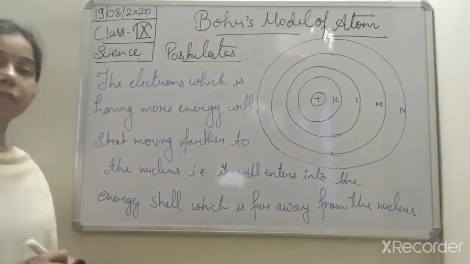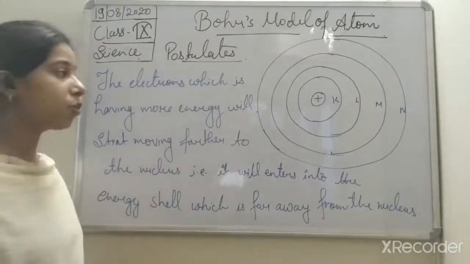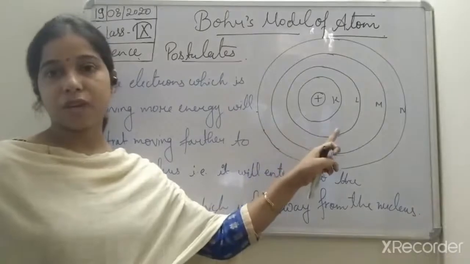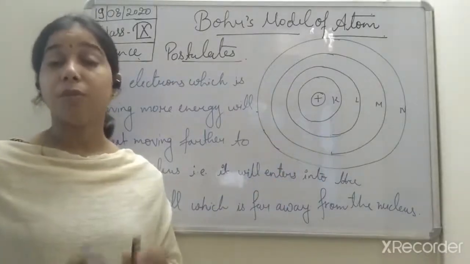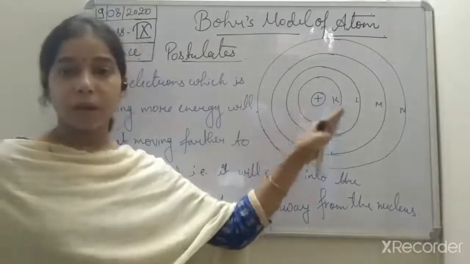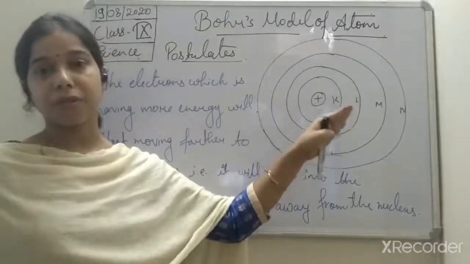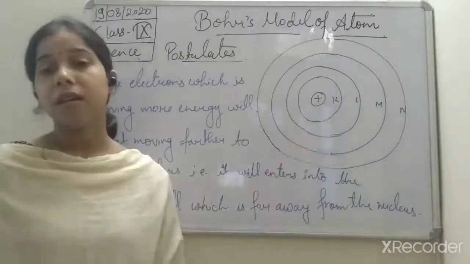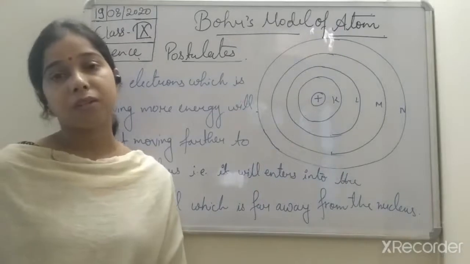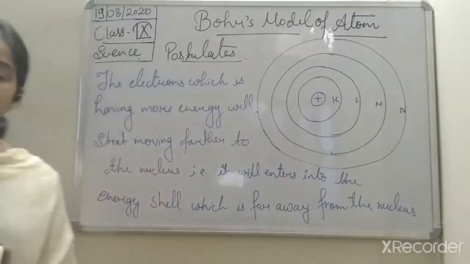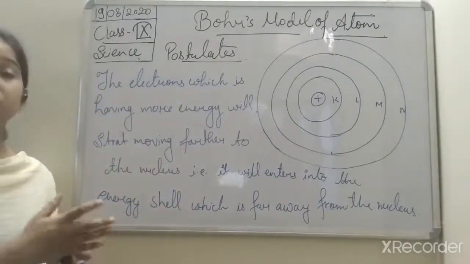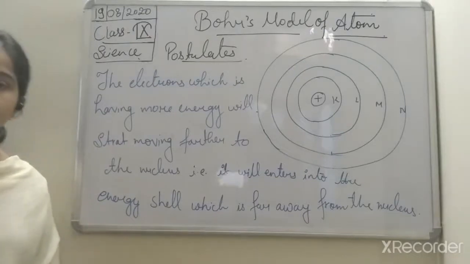Okay, so the electron which is having the minimum energy will enter into the K shell, and the electron which is having more energy starts moving far away from the nucleus, entering that circular orbit, that energy shell which is far away from the nucleus.